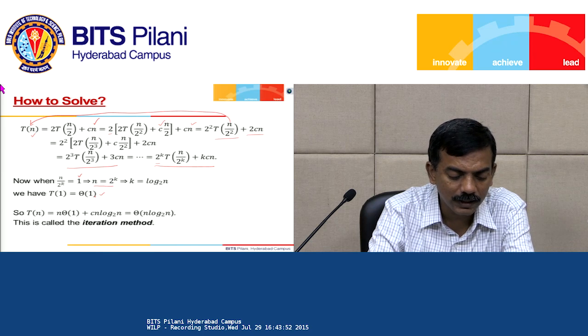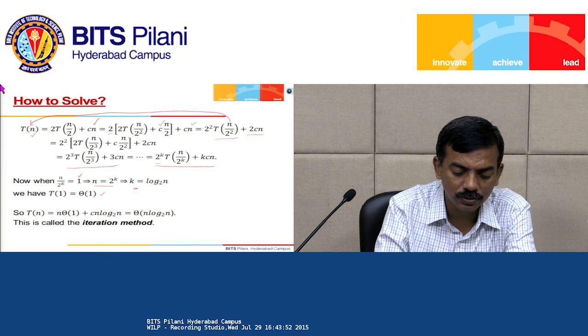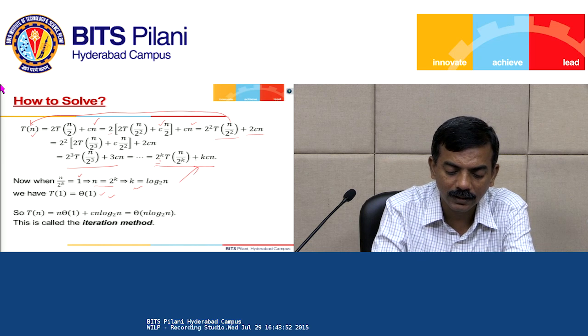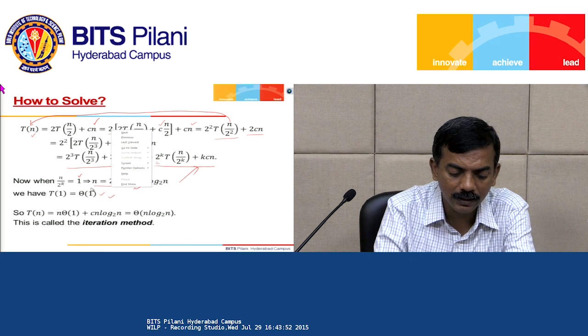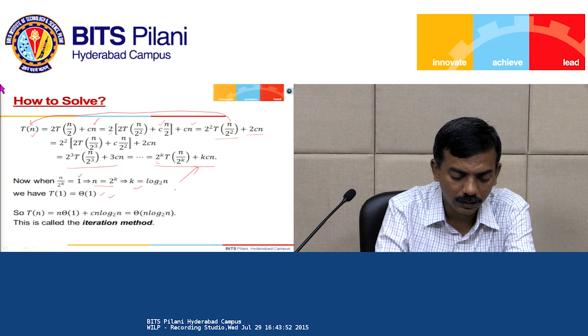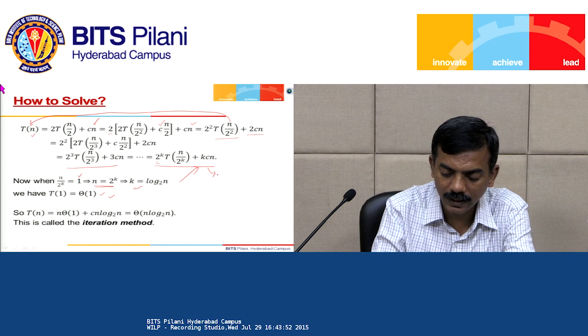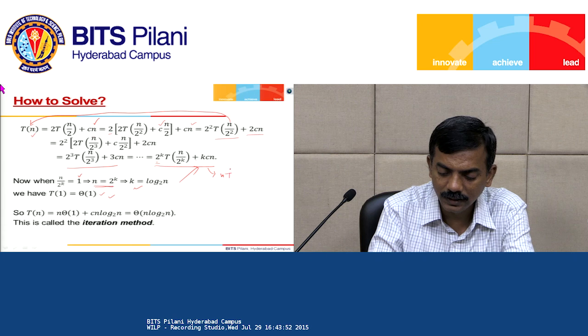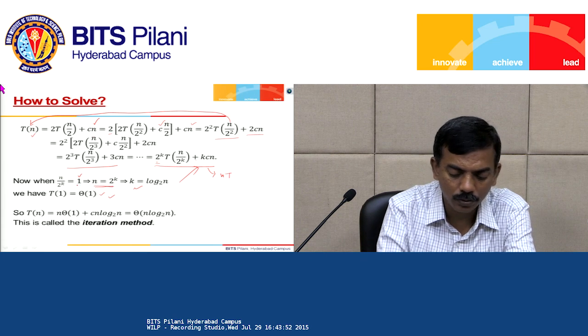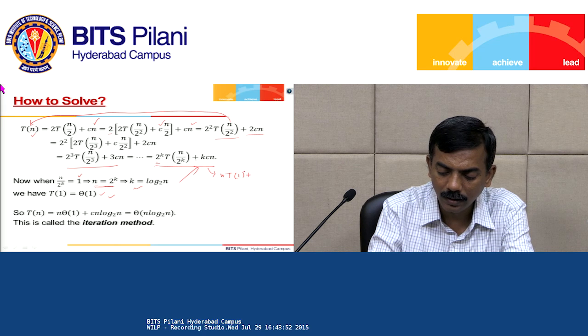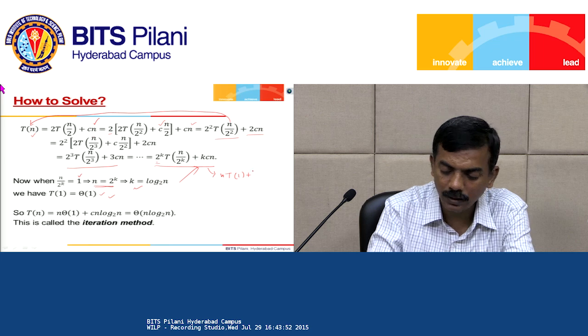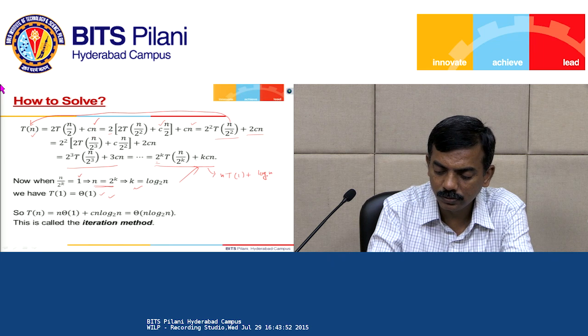So together, if I substitute these two things here, what do I get? What is 2 to the power k? 2 to the power k is nothing but n. So you get this one as n times T(n/2^k), and n by 2 to the power k is nothing but T(1), plus k is nothing but log n to the base 2 times Cn.